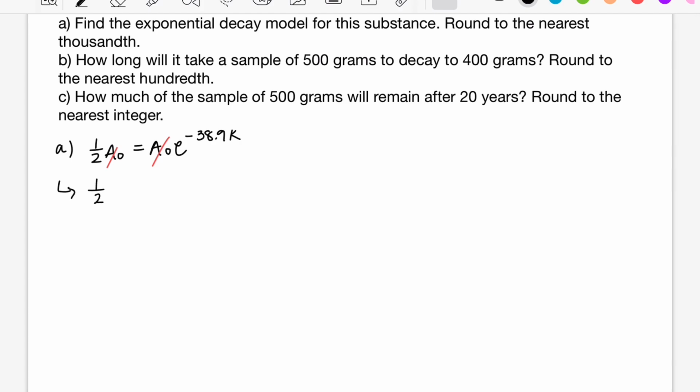We'll get 1/2 is equal to e to the negative 38.9k. And again, using our natural log here, we'll get ln of 1/2 is going to be equal to negative 38.9k. And then solving for k by dividing by negative 38.9 on both sides.